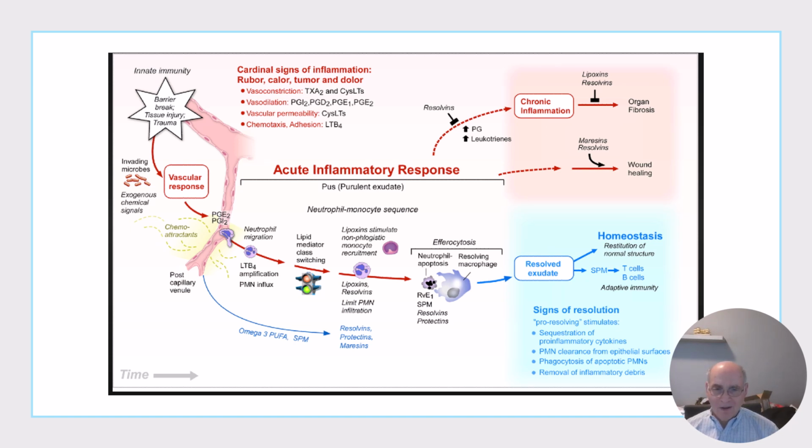What EPA and DHA do also is they convert into a chemical called a pro-resolving mediator, or in the literature they're referred to as specialized pro-resolving mediators. SPMs are 100 times more anti-inflammatory than EPA and DHA.